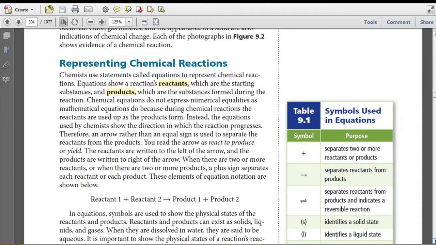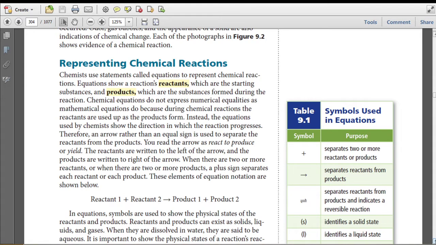Instead, the equations used by chemists show the direction in which the reaction progresses. Therefore, an arrow rather than an equal sign is used to separate the reactants from the products. You read the arrow as "react to produce" or "yield." The reactants are written to the left of the arrow and the products are written to the right of the arrow.